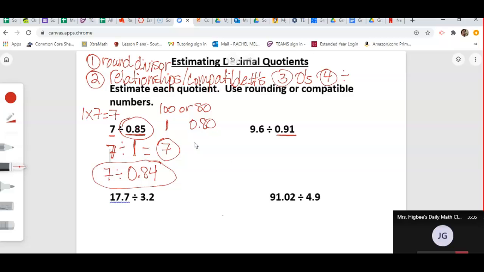Okay. Can Traylon, what would you change 91 hundredths to? Okay. We could do 90 hundredths. Could we also change it to 1? It's pretty close to 1, right? Okay. All right, Sadie, what would you like to do with this 9 and 6/10?